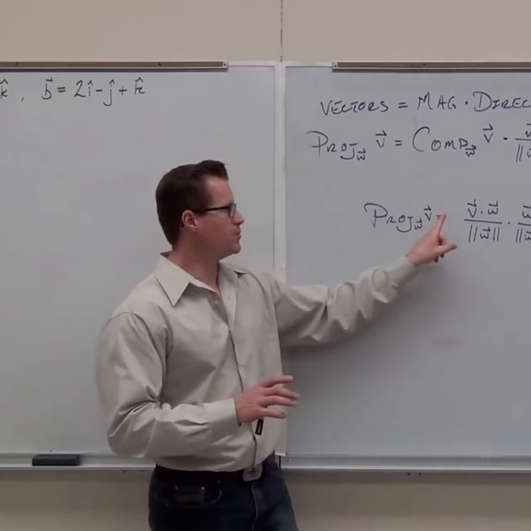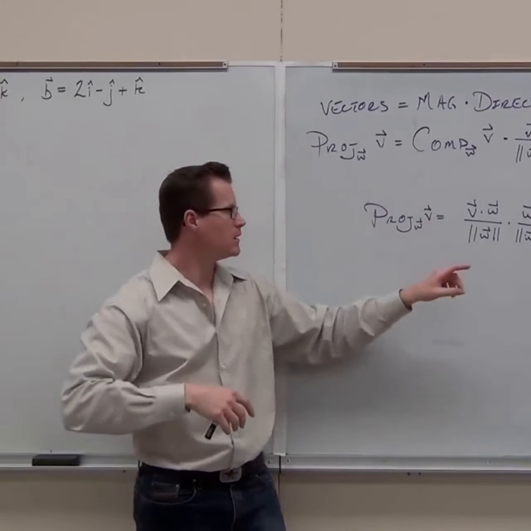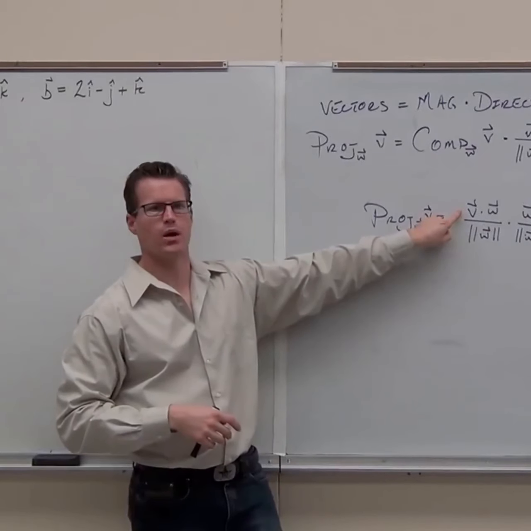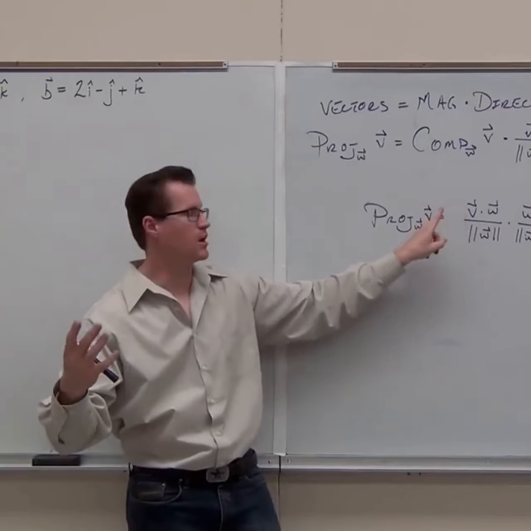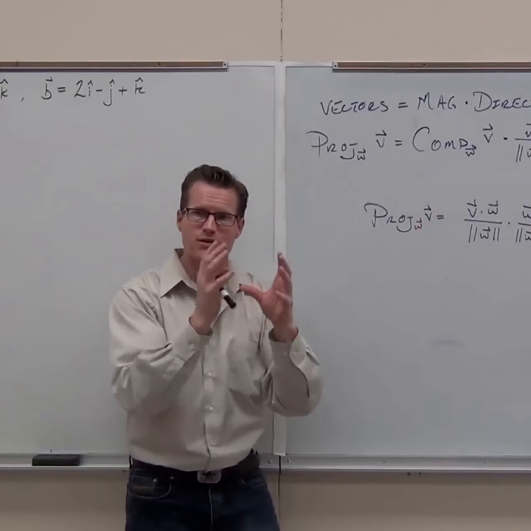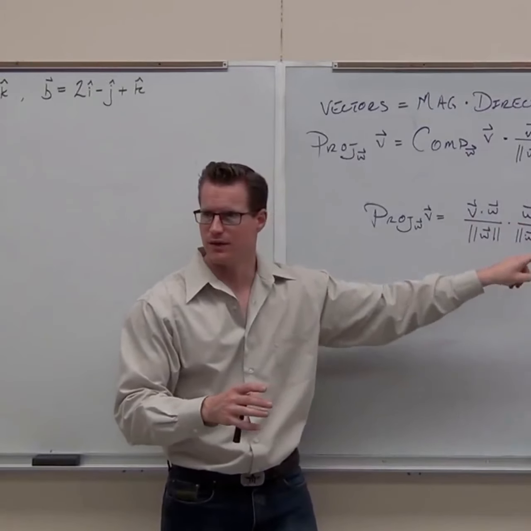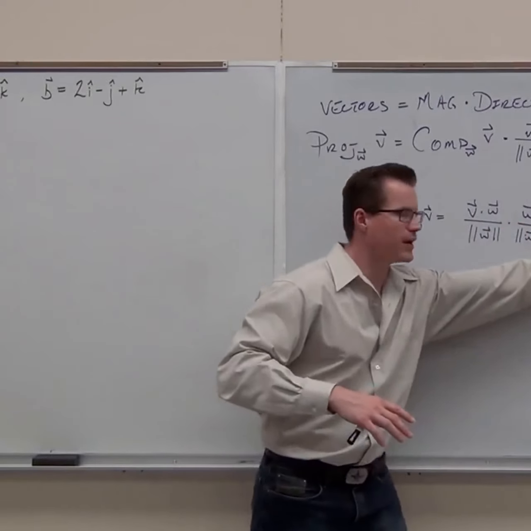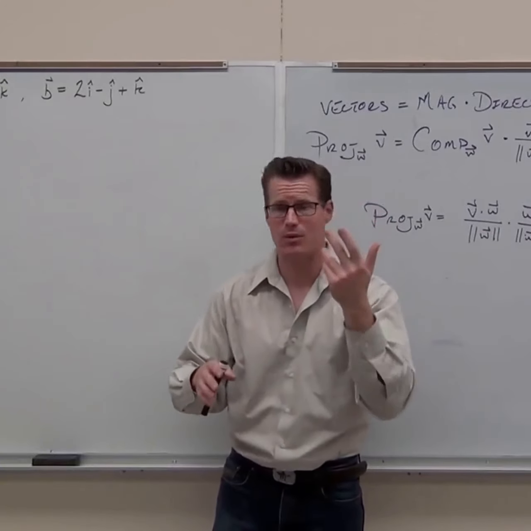So the big one, the one you are projecting, is the only one you use once. And that should make sense. The one you're projecting upon, onto, that's the one that has your direction to it. That's the one that you should have the unit vector with. That's the one you're projecting upon, which gives you your direction. Does that make sense? That's how I remember it.